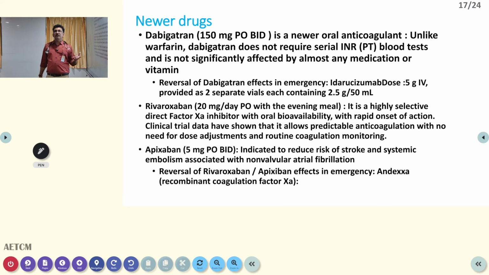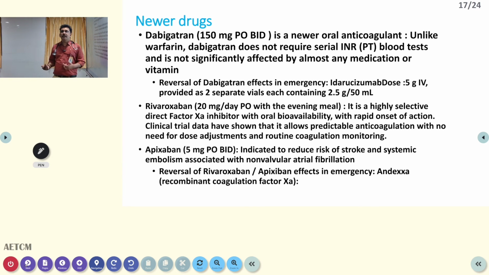Now, newer drugs instead of warfarin, we have dabigatran, apixaban, rivaroxaban. All these doses are given. If dabigatran induces bleeding, you can give idarucizumab, and that dose is also given. So these are the newer drugs that have a lot of advantages when we compare with warfarin, because warfarin has n number of drug interactions.